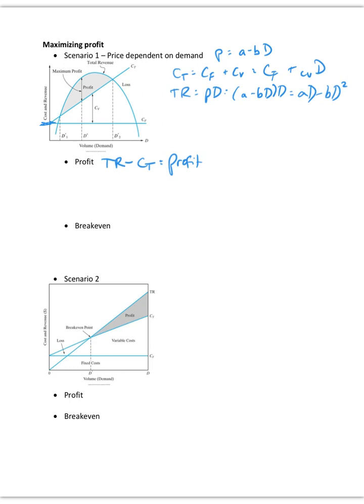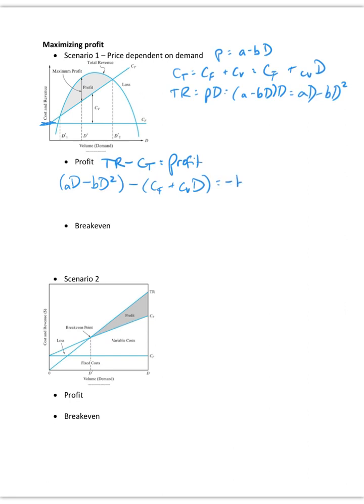So mathematically, we have the total revenue, which we're going to call AD minus BD squared, minus the total cost, C sub F plus C sub V D. That's the profit. I'm just going to rearrange these, do some algebra.